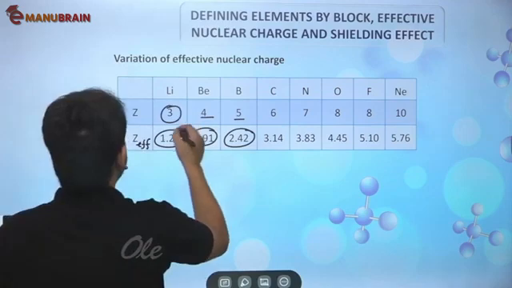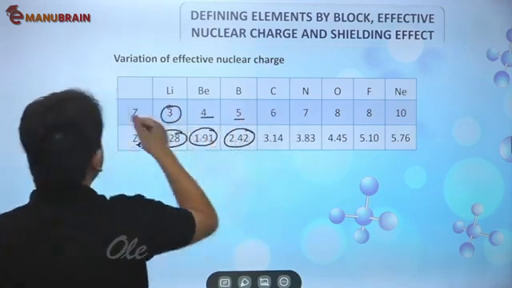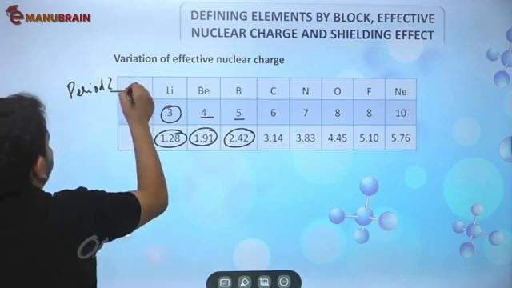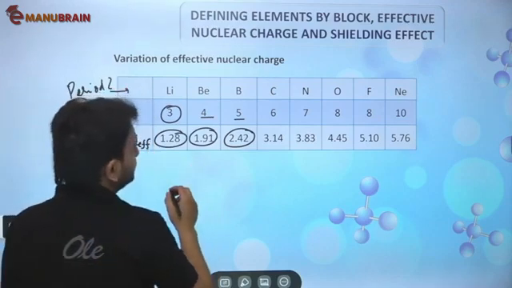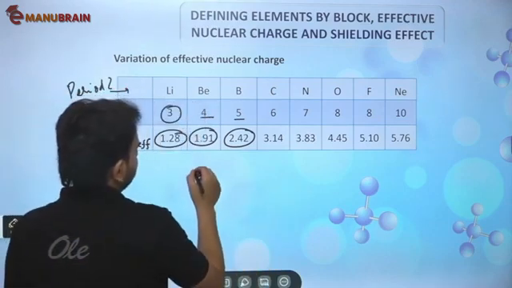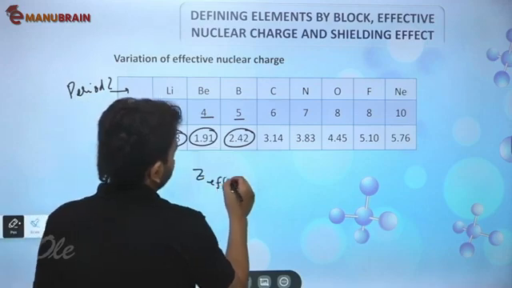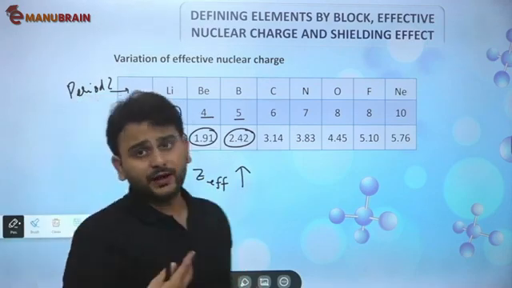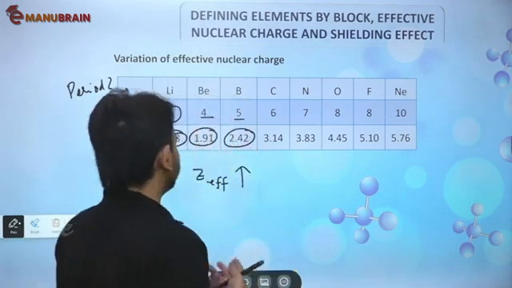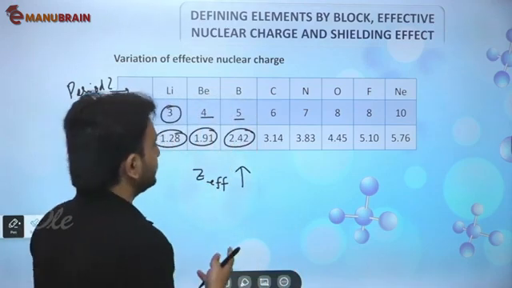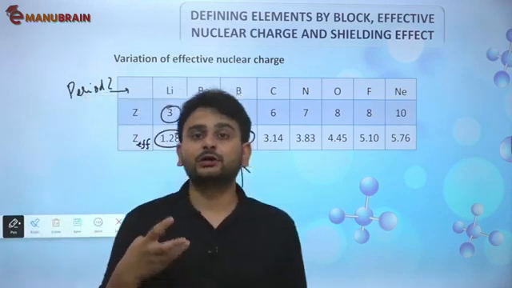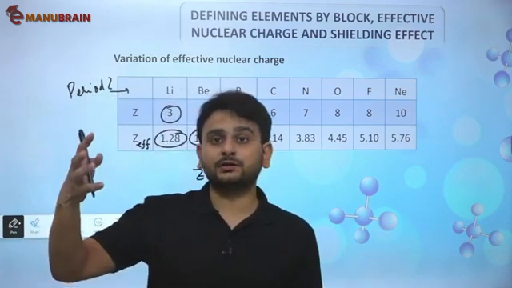So this is basically period 2, and as you can see, as you move across a period, Z effective increases. Try to think why it increases, and I'll answer that in the next class. It has something to do with addition of more electrons, addition of more protons, but the shells don't get increased.